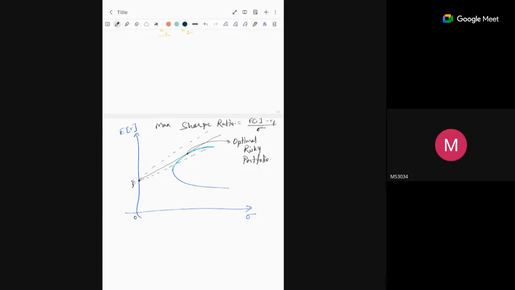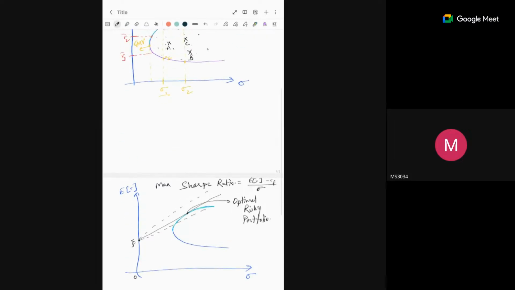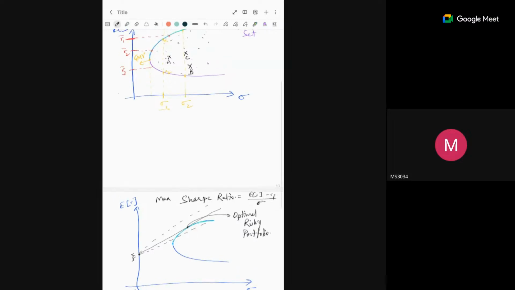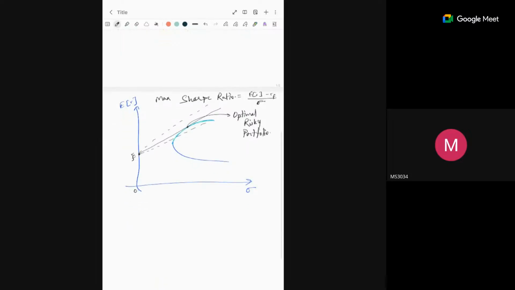For example, we have considered three risky assets A, B, C. All the investors who are considering portfolio combinations from these three assets would choose the same optimal risky portfolio.